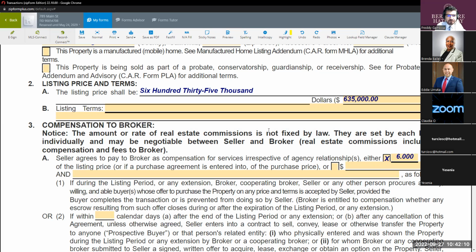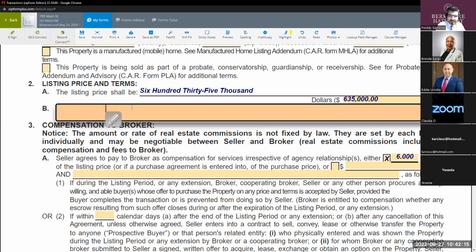Okay, that's fair, let's do this. In this case, and I have seen this also in our Sky Slope as well, do not put the name of the broker. Put your name as the agent who's going to represent that buyer.